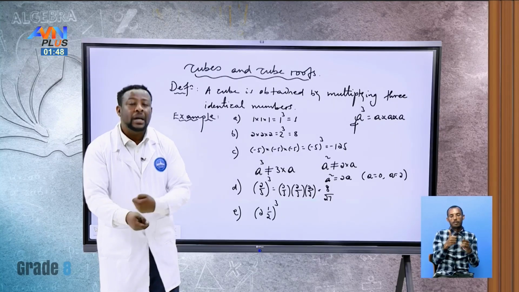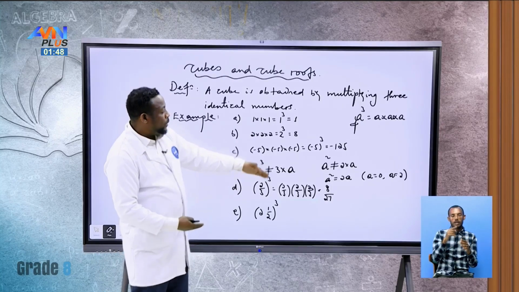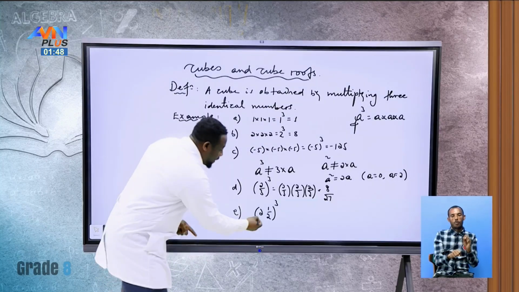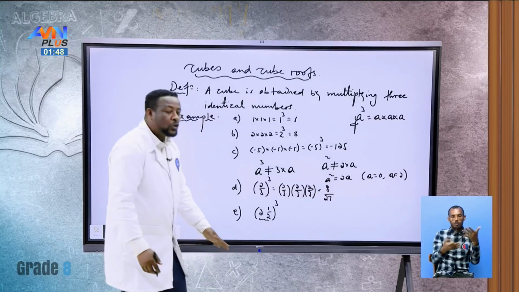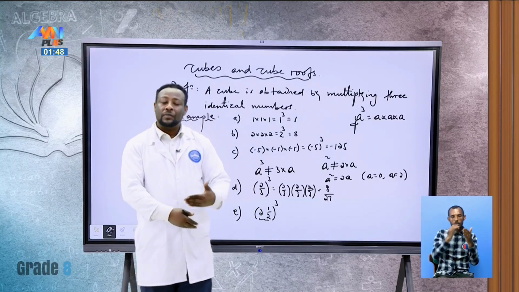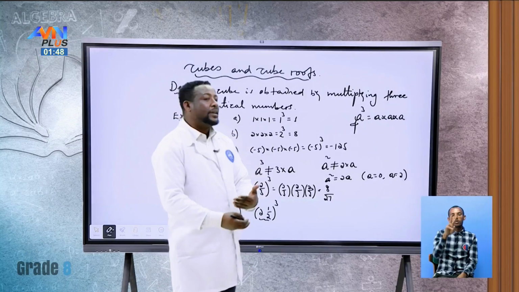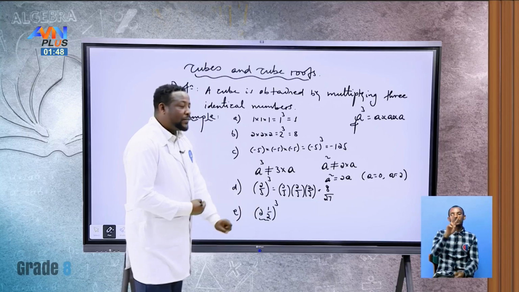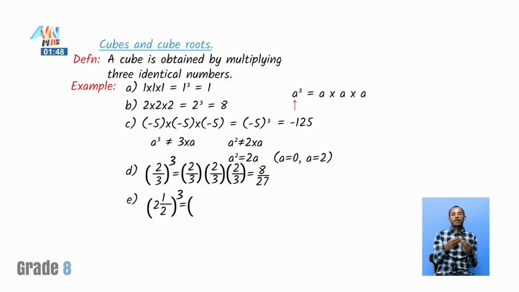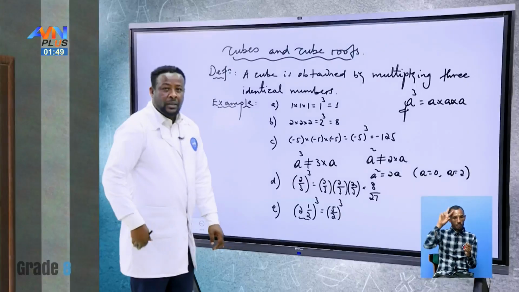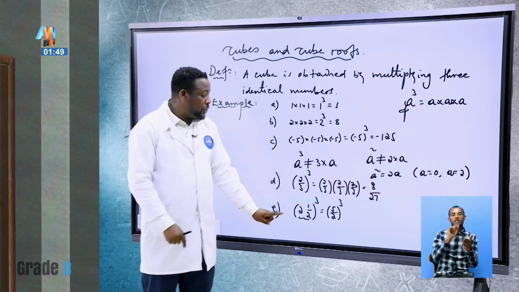That is the first step. Then you keep working the way we did for the previous numbers. So what is the improper fraction form of 2 and a half? It is 5 over 2, the whole cube, right? So this is the first thing that you need to do.